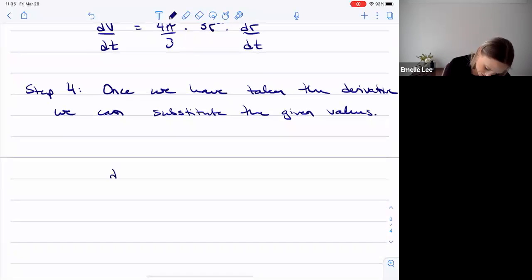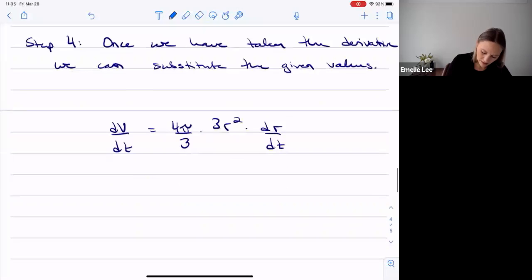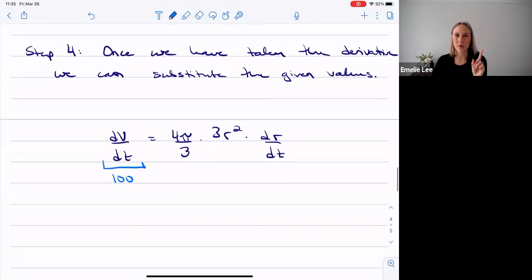So I'll start here on a fresh page. dV/dt is 4 pi over 3 times 3r squared times dr/dt. Here, I know dV/dt is 100, and that's where you want to pay attention to it being negative or positive.